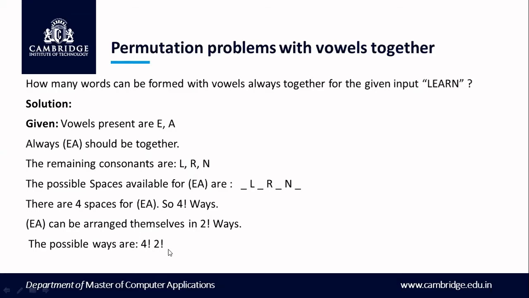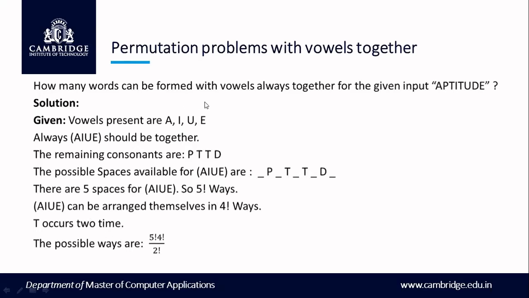One more problem in the same category. How many words can be formed with vowels always together for the given input APTITUDE? The vowels present are A, I, U, E, and they should always be together. The remaining consonants are P, T, T, D. So how many places are possible? 1, 2, 3, 4, 5. There are 5 places for the vowel group to be placed, so 5 factorial ways.